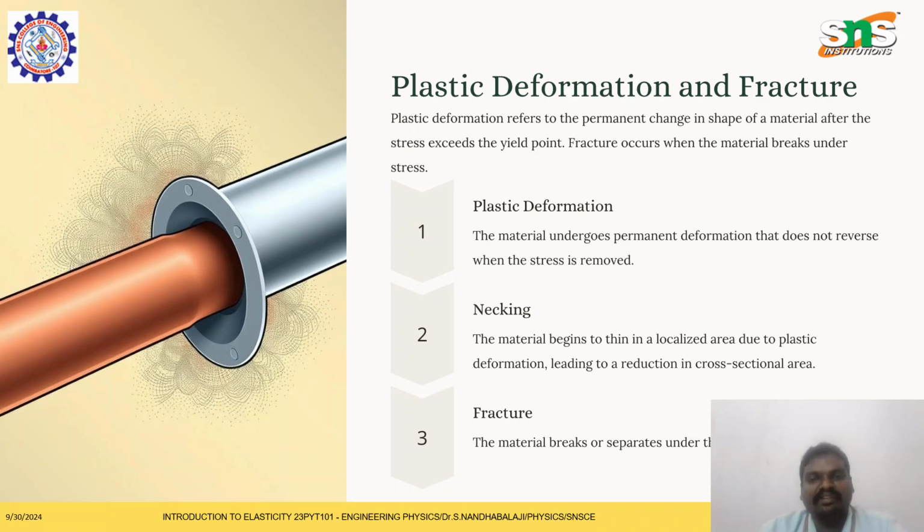Plastic deformation refers to the permanent change in shape of a material after the stress exceeds the yield point. Fracture occurs when the material breaks under stress. First, plastic deformation: the material undergoes permanent deformation that does not reverse when the stress is removed.